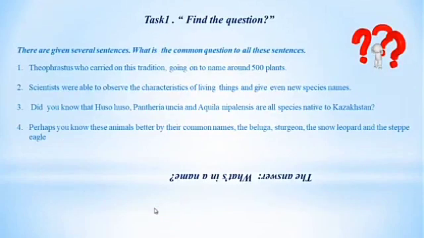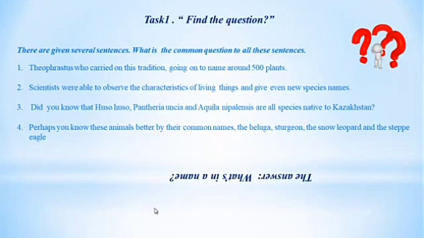Let's do task 1. Find the question. There are several sentences given, and what is the common question to all these sentences? Sentence 1. Theophrastus, who carried on this tradition, going on to name around 500 plants. Sentence 2. Scientists were able to observe the characteristics of living things and give even new species names. Sentence 3.